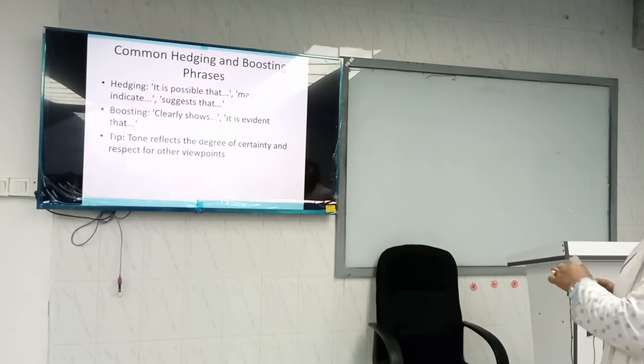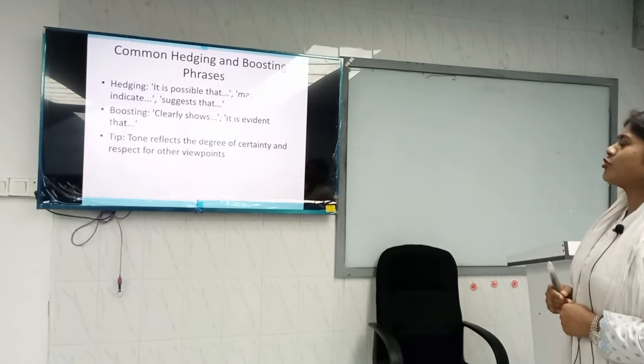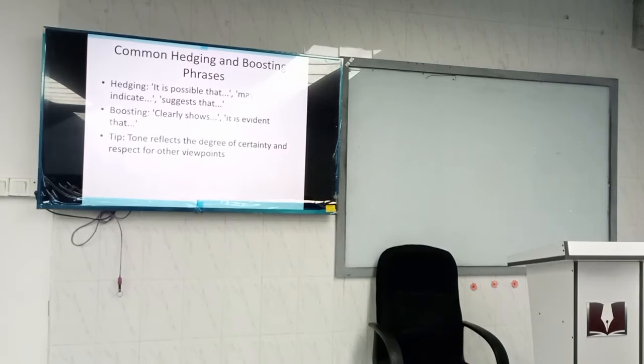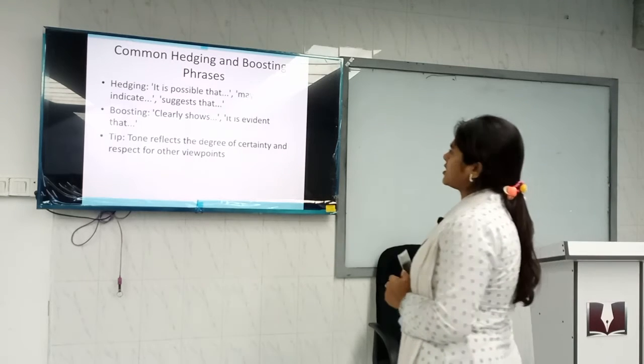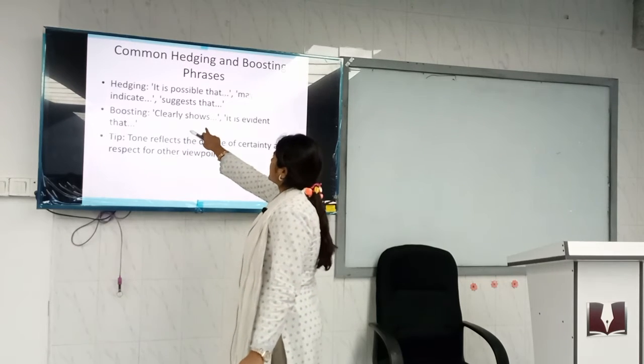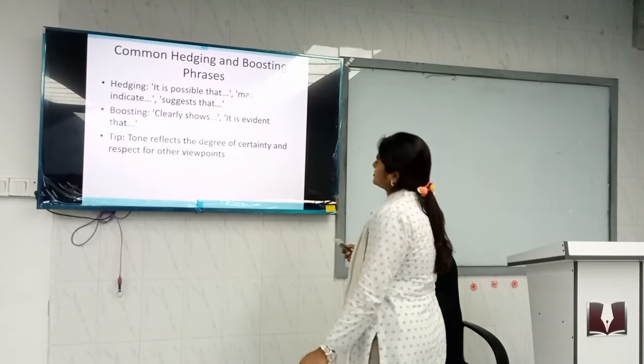The common hedging and boosting phrases: which ones can we use? "It is possible that," "may suggest that," "it may indicate that," "it suggests that." Boosting words should be avoided: "clearly shows," "it is evident that."